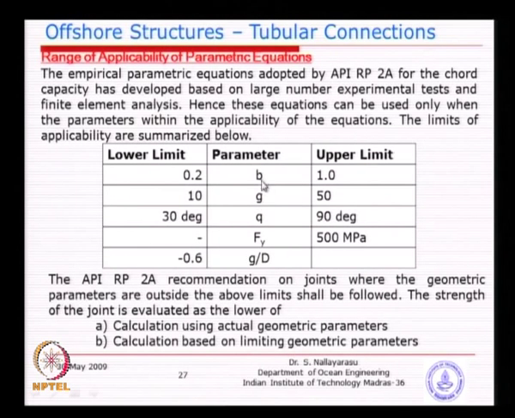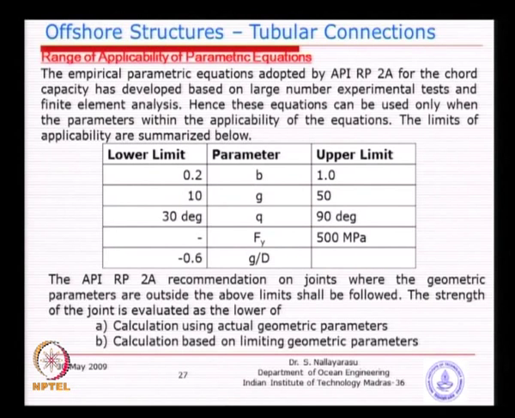For example, beta is between 0.2 and 1, gamma is between 10 and 50, theta between 30 and 90, the yield stress should be less than 500, and the gap should be greater than minus 0.6, that means you should not have overlap. These are the parameters used in the experiments and finite element studies to come up with the empirical equation.